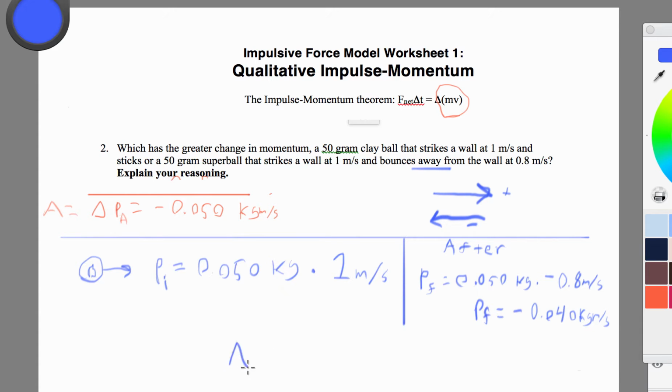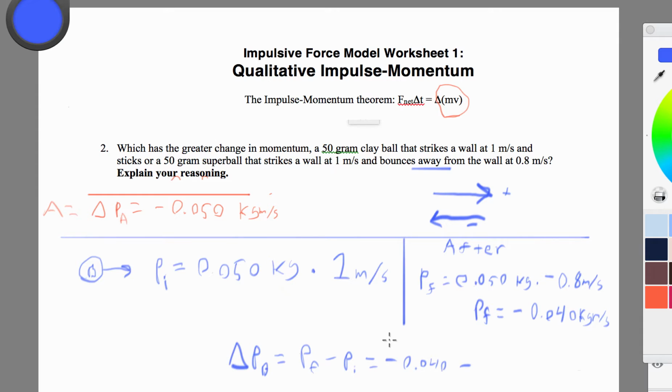So our change in momentum for particle B is, again, the final momentum minus the initial momentum, and the final momentum was negative 0.040. I'm going to leave out the units just because I don't have much space.